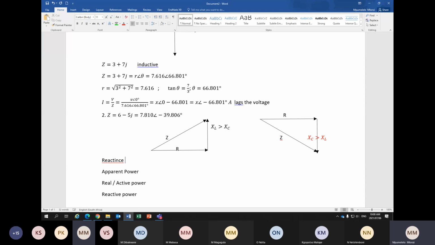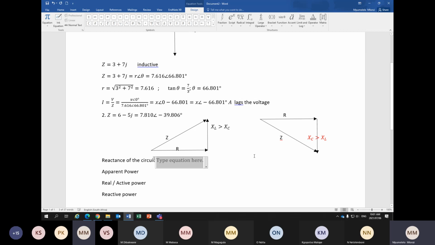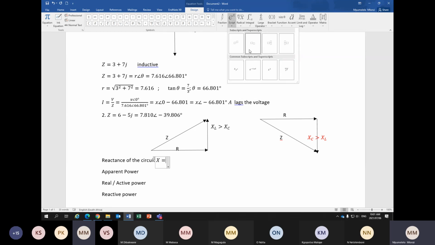Now, the reactance of the circuit, if you are told to calculate the reactance of the circuit, it is equal to XL, this is the total reactance, the reactance of the inductor minus the reactance of the capacitor.